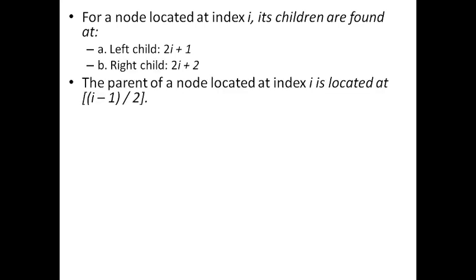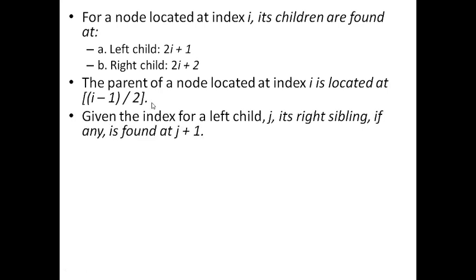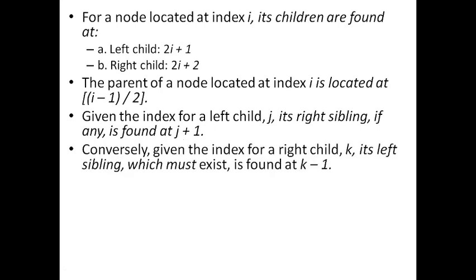As a consequence, you can also find the address of the parent. Given the index of a left child or right child, its parent must be found at index (i minus 1) divided by 2. Similarly, given the index j for a left child, its right sibling, if it is there, is found at j plus 1. Similarly, given the index for the right child k, its left sibling must be found at k minus 1.